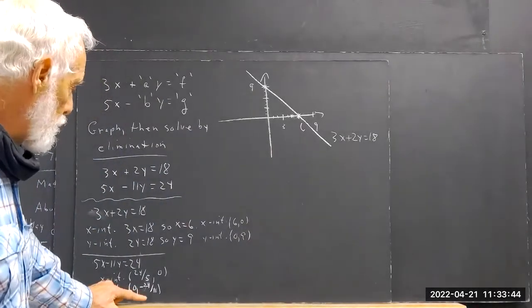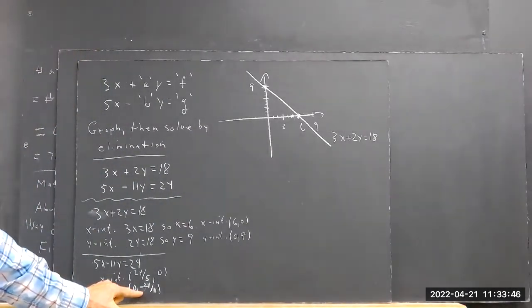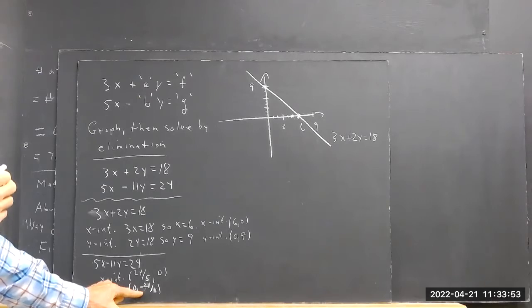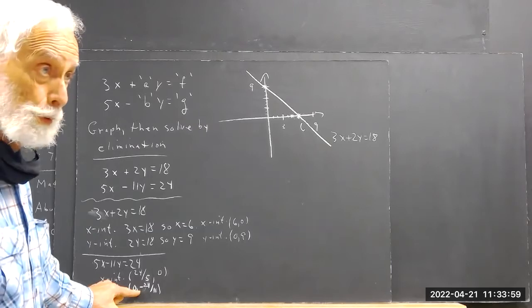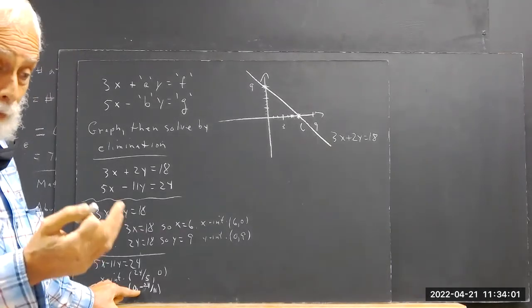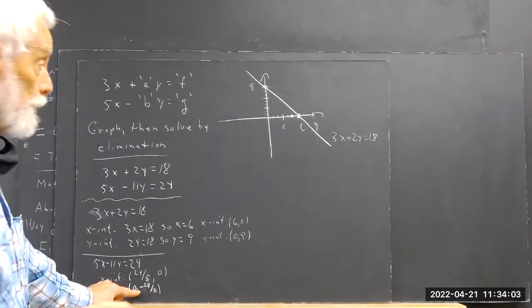And negative 24/11. Well, 11 goes into 22 twice with 2 left over. So dividing 24 by 11, you get 2 and 2/11ths. That's negative 24, so it's negative 2 and 2/11ths. Now 2/11ths is pretty small, it's less than 1/5.